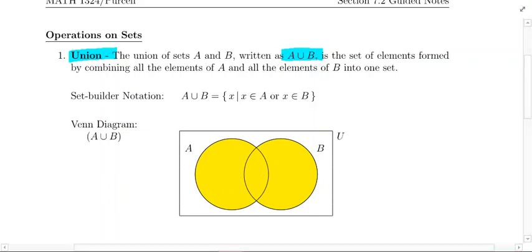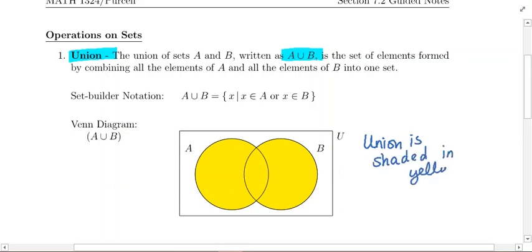If you look at the Venn diagram for a union, you have your two sets A and B, and there is some overlap as shown in the Venn diagram. You can see that the union itself is shaded in yellow. So I'll write that on here: the union is shaded in yellow.